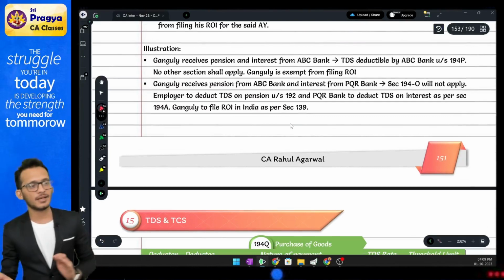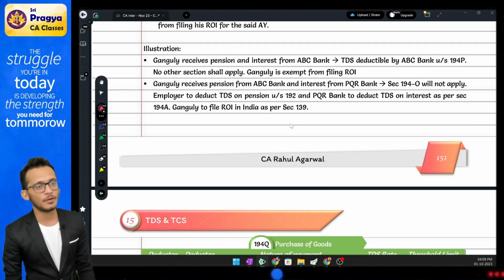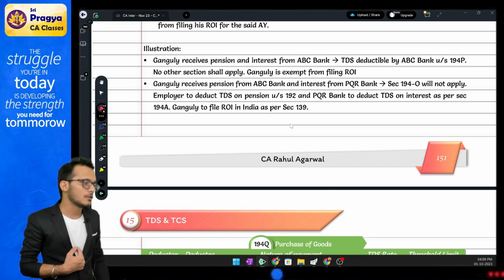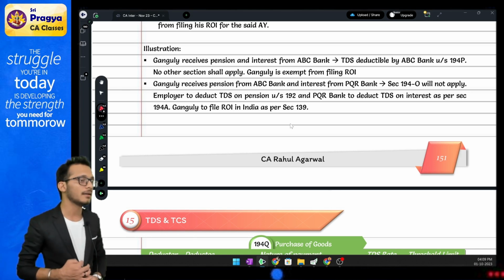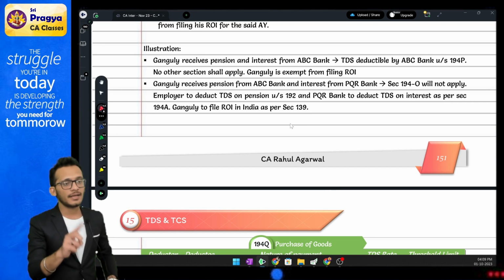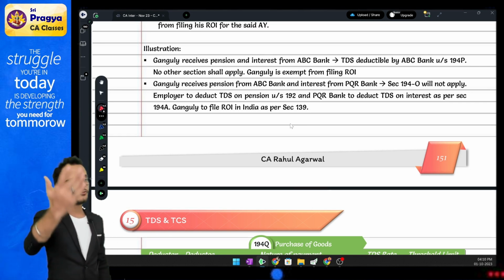This section is about purchase of goods. It basically says that if someone is planning to purchase goods from you and you are selling him goods worth more than 50 lakhs, before making the payment, deduct TDS at the rate of 0.1% on the amount above 50 lakhs.